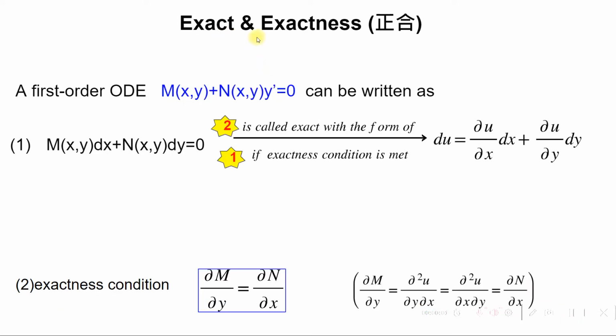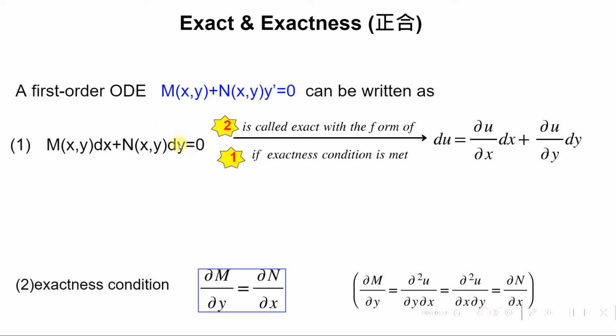Exact and exactness. A first-order ODE, M as a function of x and y, plus N as a function of x and y, times the first derivative of y, equals 0. This one can be rewritten as this expression.